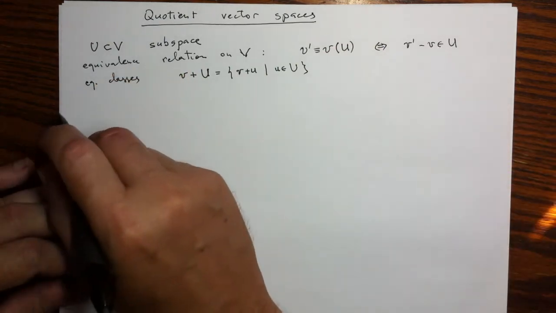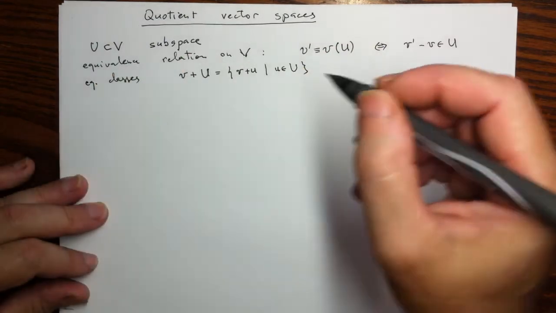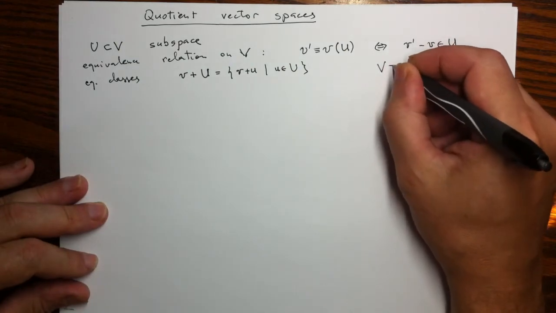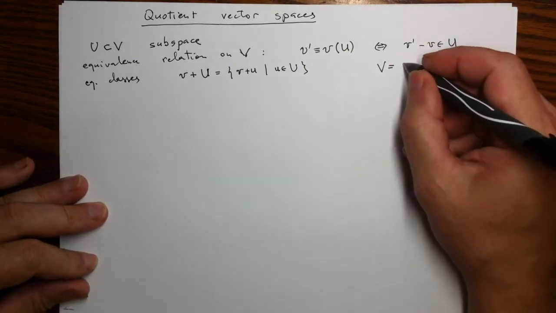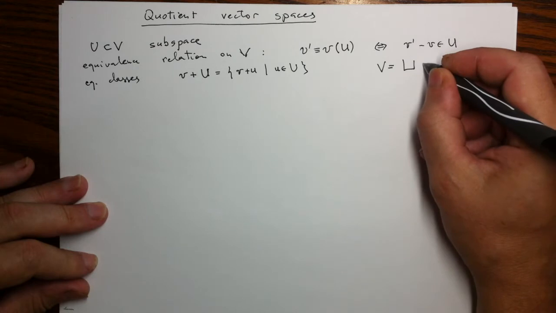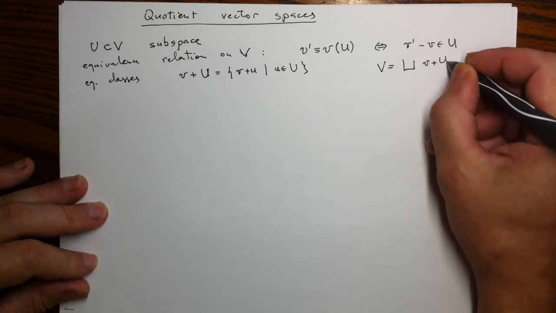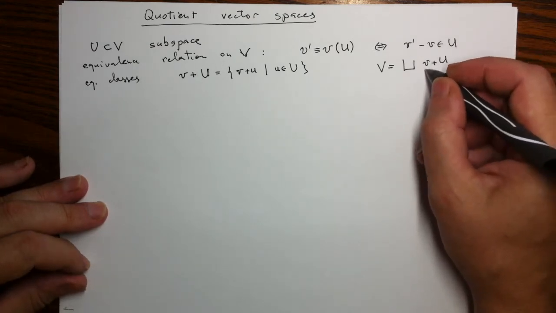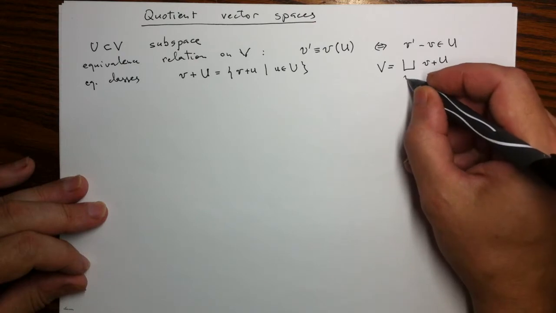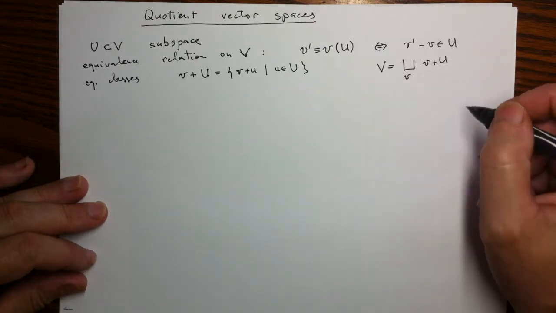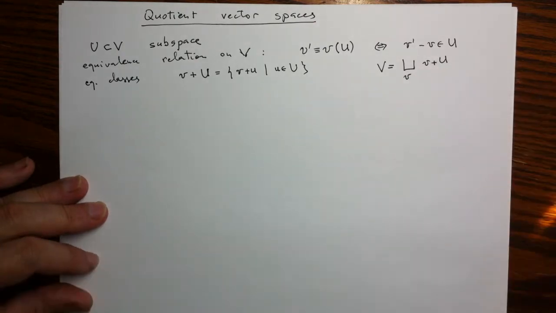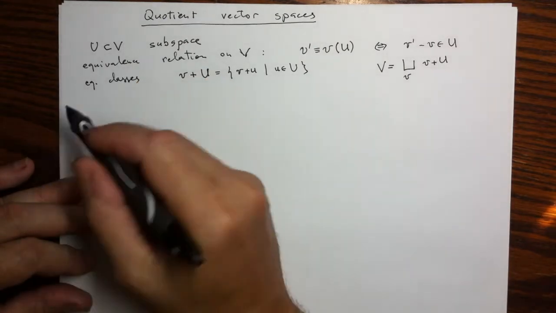So as usual with equivalence relations, the whole set on which this relation is defined is a disjoint union of cosets. But the cosets are labeled by vectors, but only some vectors. So let me look at a small dimension example.